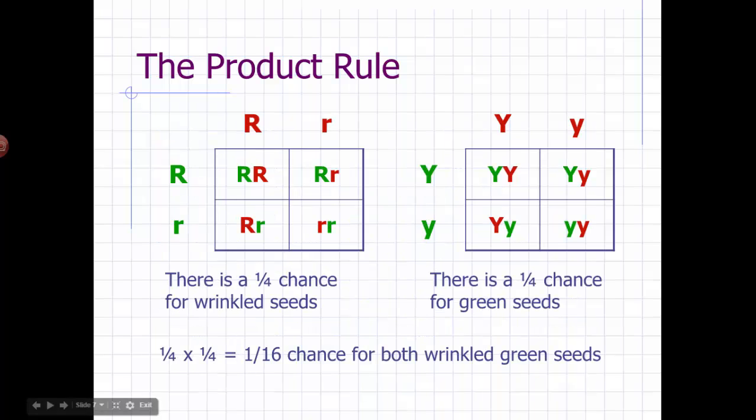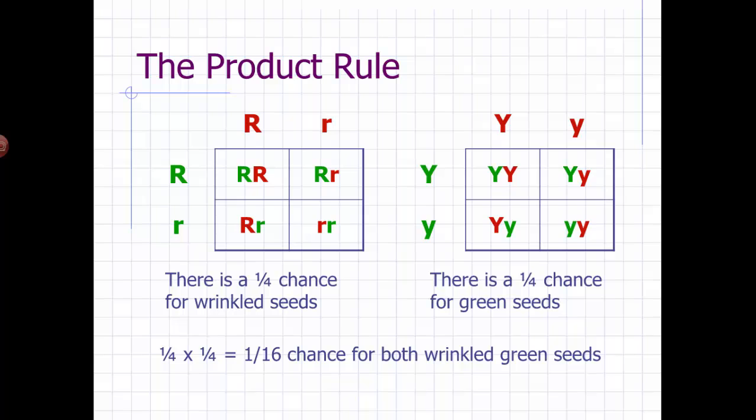Now the product rule takes each trait separately. Remember, we were crossing 2 dihybrids, so we were crossing heterozygous for round and heterozygous for yellow seeds. If we treat them each as a single trait, over here on the left we've got the round trait, and we have 2 hybrids, heterozygotes, and we're crossing those, and that's a classic Punnett square, and you know that there is a 1 out of 4 chance of producing a wrinkled seeded plant.